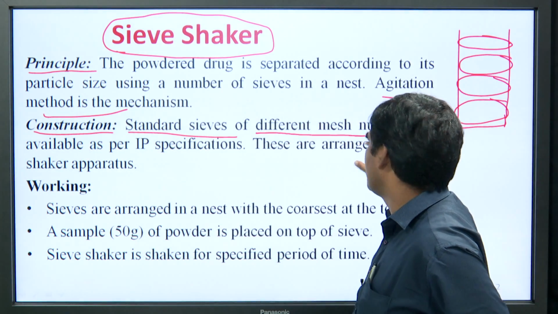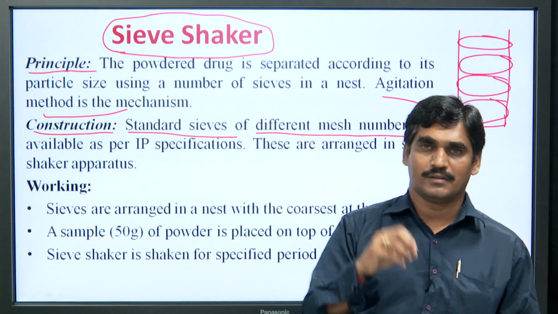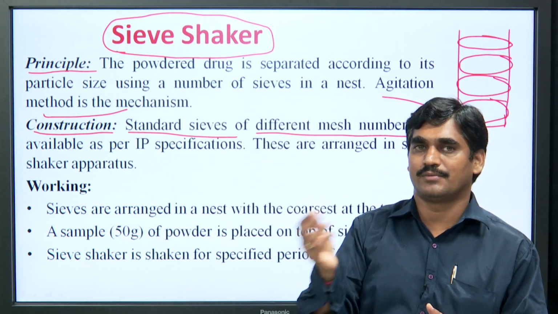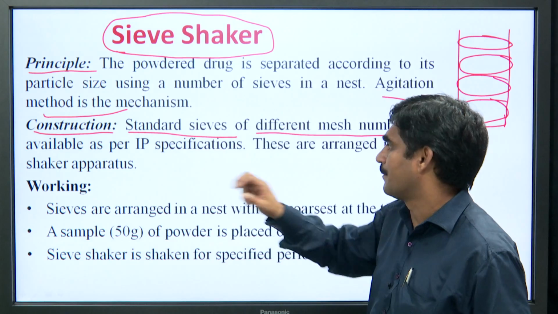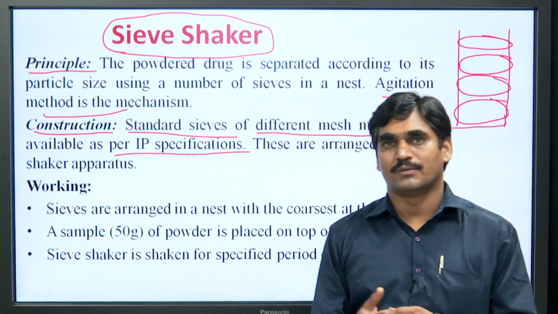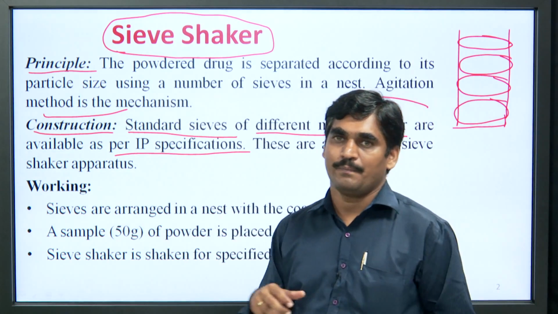These standard sieves have different mesh numbers. Mesh number indicates the number of the sieve, that means from it we can also determine the aperture size of sieves as per official specifications.